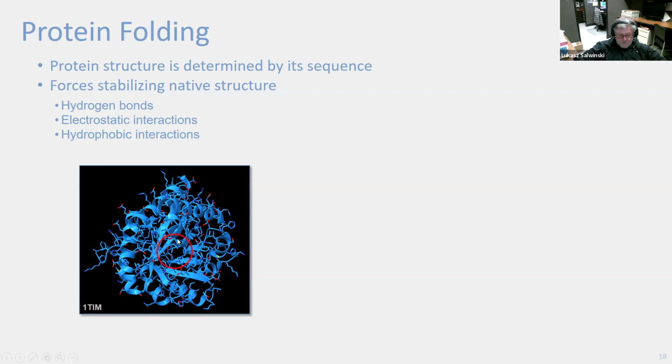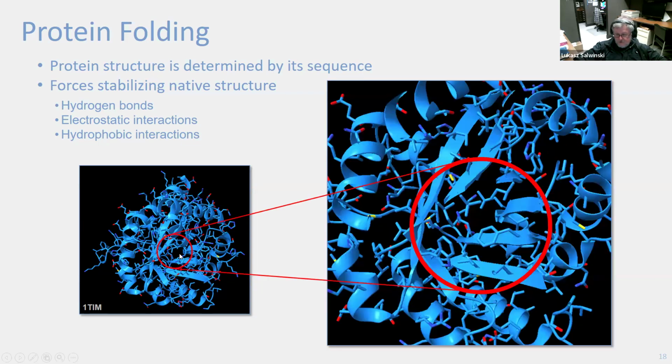If we zoom into the center of our barrel here and see what's there, we will notice that most of the side chains here are not polar. Those are all aromatic rings. You've got one aromatic ring here. This is phenylalanine. You've got the tryptophan here with two condensed rings. Another highly hydrophobic residue.